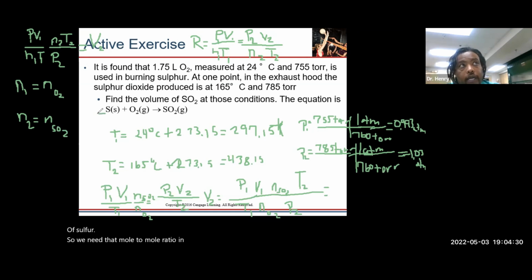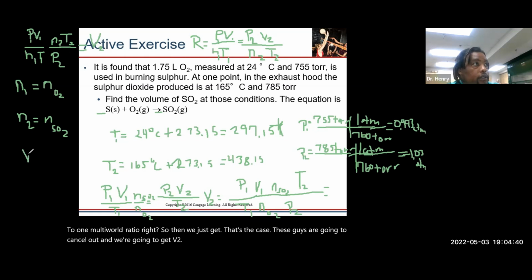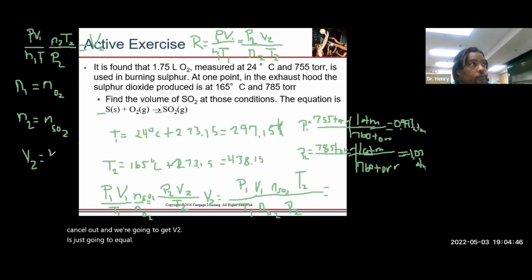In this case, it's a 1-to-1 mole-to-mole ratio, so these guys are going to cancel out, and we're going to get V2 is just going to equal P1, V1, T2, divided by T1, P2. That's right.